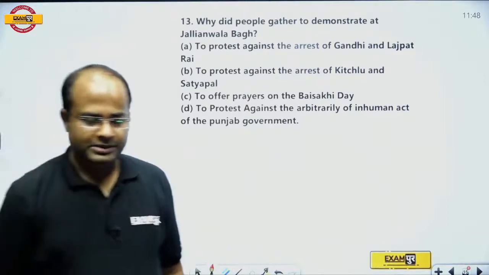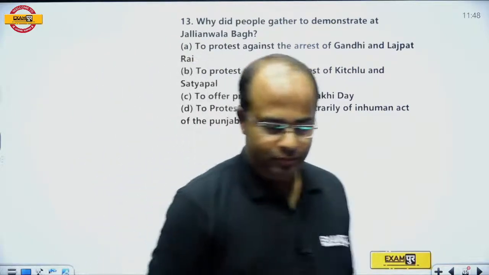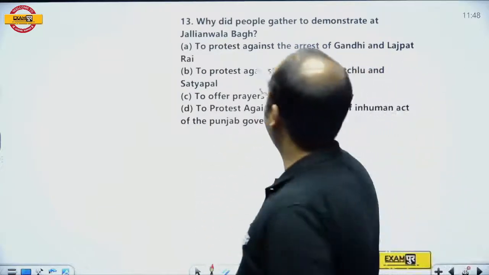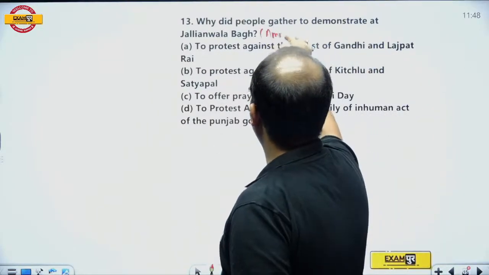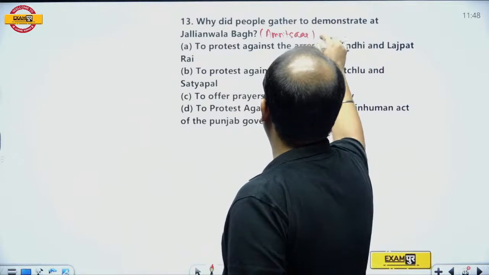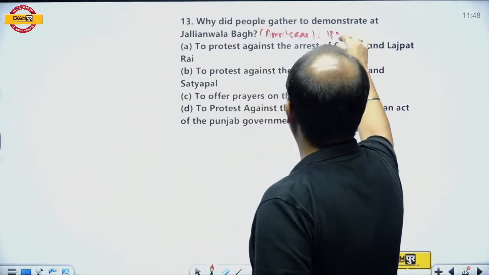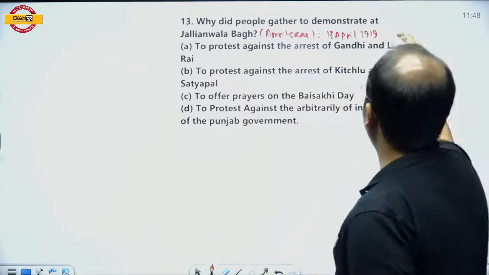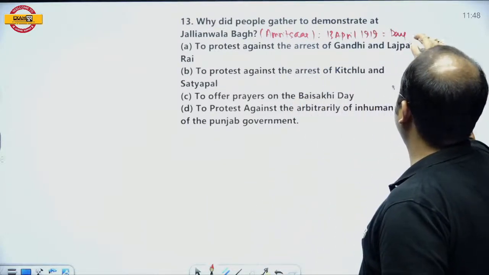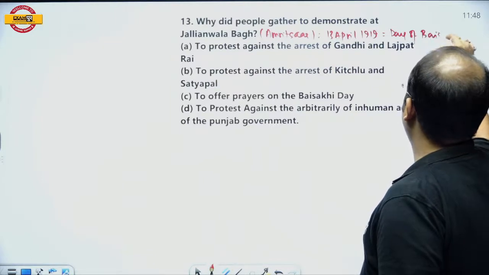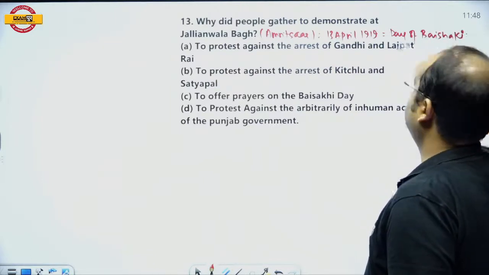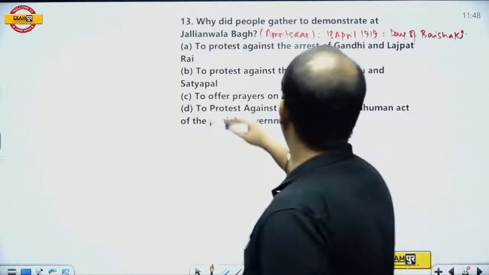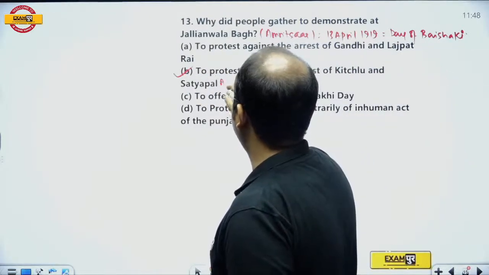So, why did people come to demonstrate at Jallianwala Bagh? Guys, first of all, Jallianwala Bagh is in Amritsar, and this happened on 13th April 1919, the day of Baisakhi. The people mainly came to protest against the arrest of Dr. Satyapal and Saifuddin Kichlu.